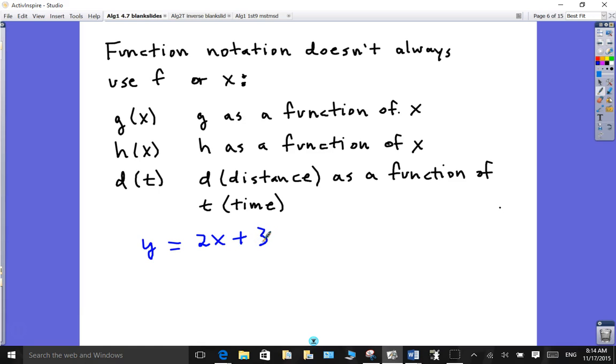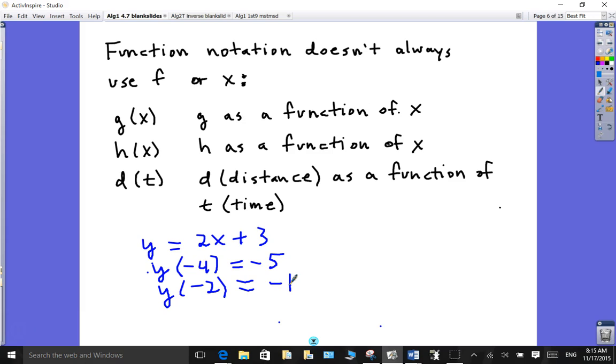And we found the values in our table of values for x equals negative 4, negative 2, and 0. A lot of times in math you would just say y of, a hybrid between saying y and function notation. Y of negative 4 is negative 5. Y of negative 2 equals negative 1. So in function notation, you can use any letter and any variable.